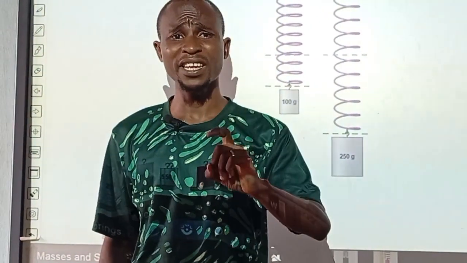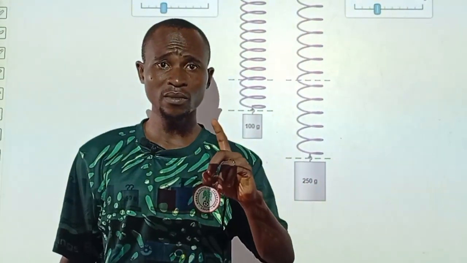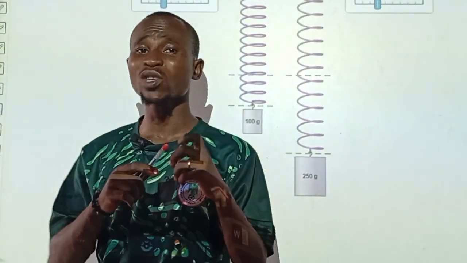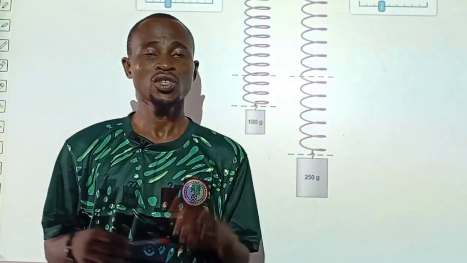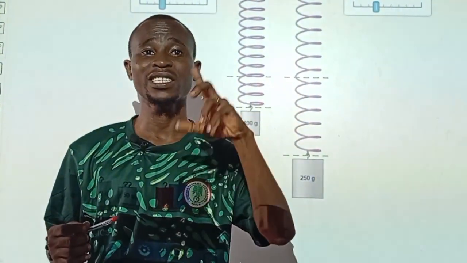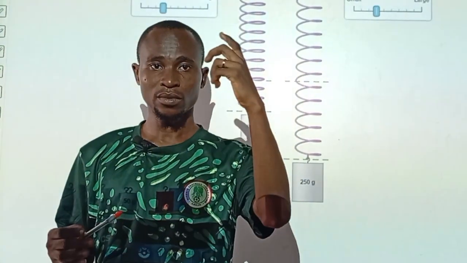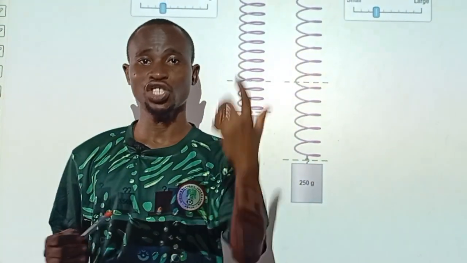Now, the kind of material that regains its original shape and size when the force that caused an increase in length is being removed, they are known as elastic material. So elastic materials are materials that regain their size or shape when the distorting force is being removed.